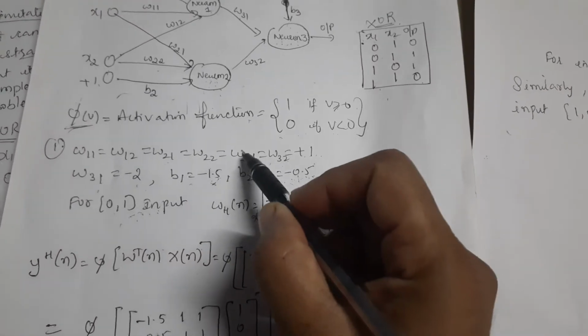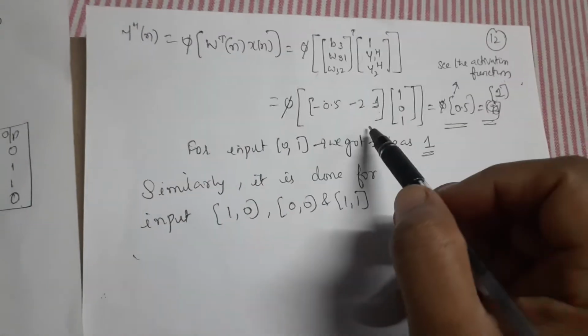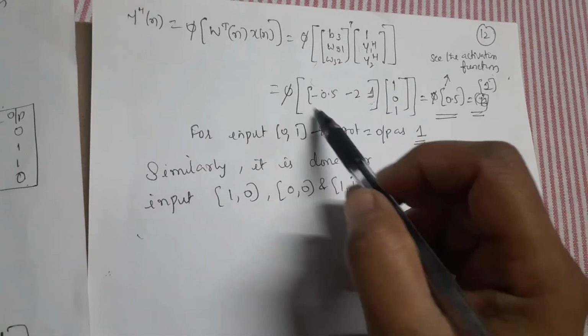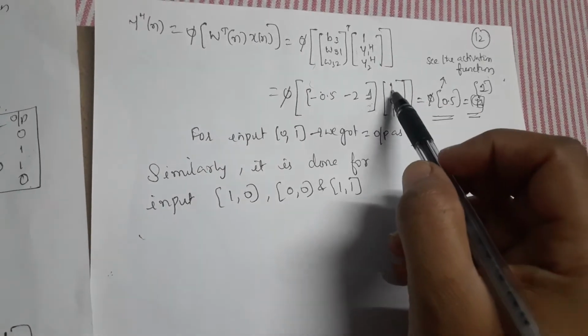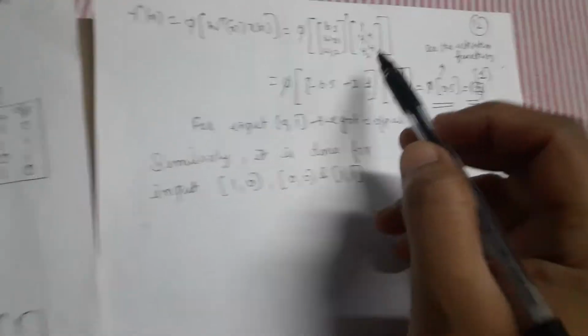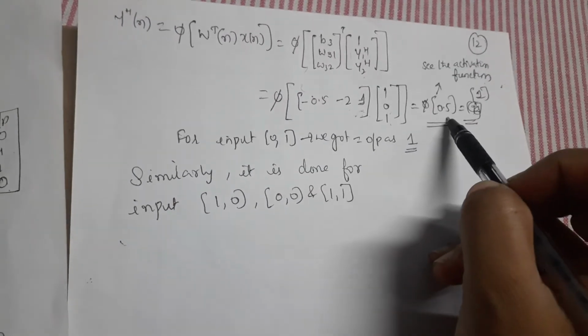Substitute the bias input 1 and y1, y2 as 0, 1. Multiplying, you get 0.5.